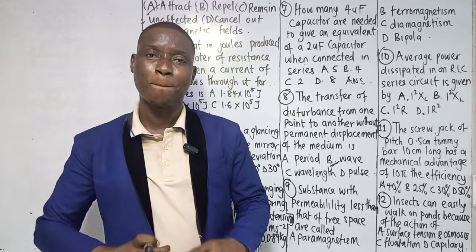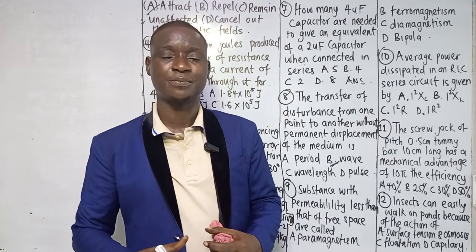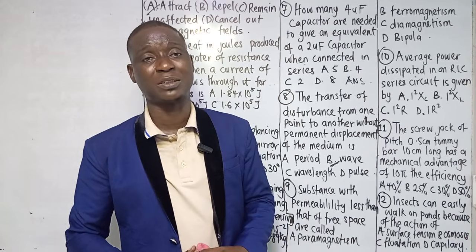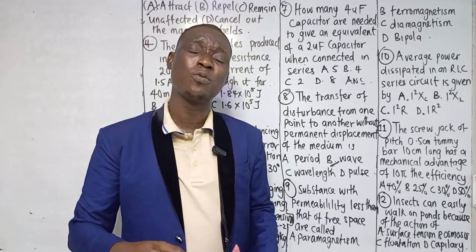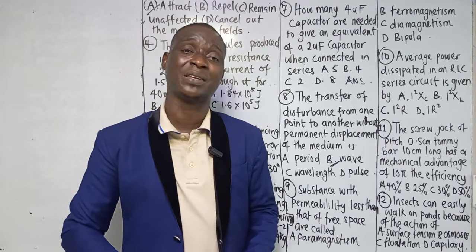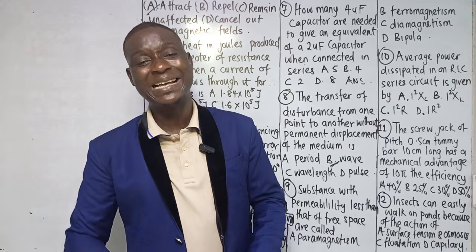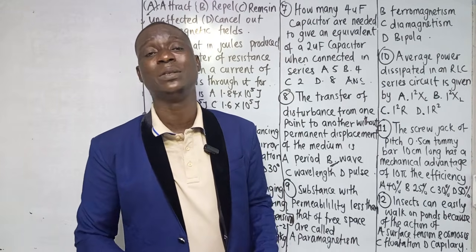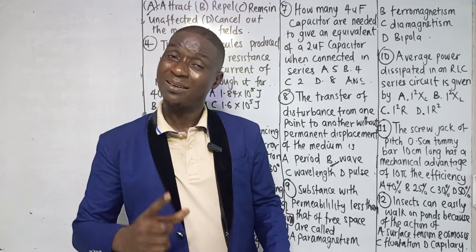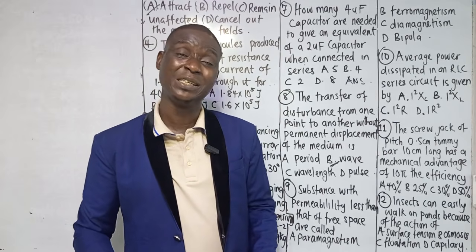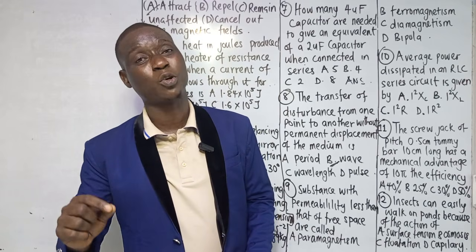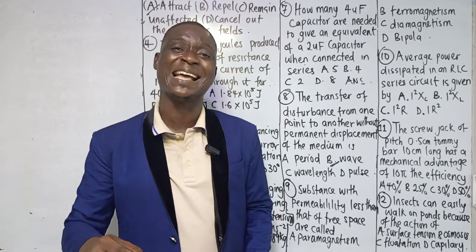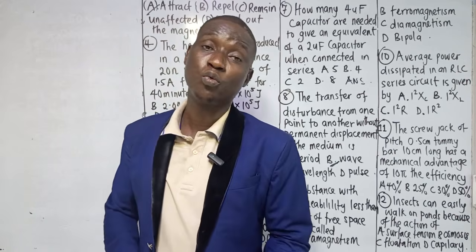This is due to the unpaired electrons found in these materials. When you place them in a field, they tend to align parallel to the external magnetic field, with their magnetic dipole moment in the same direction as the field. That makes their susceptibility positive.